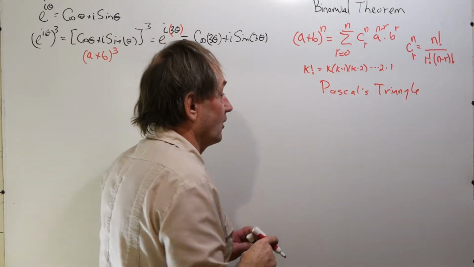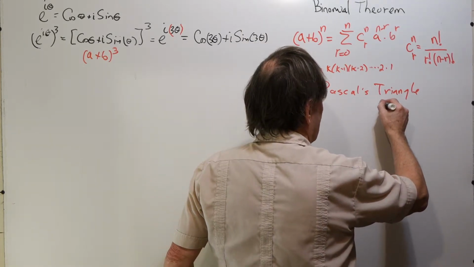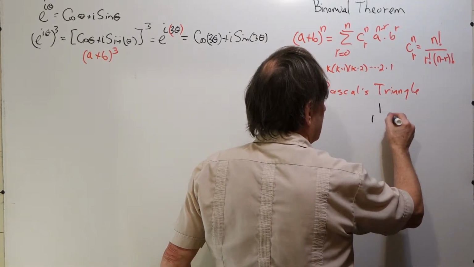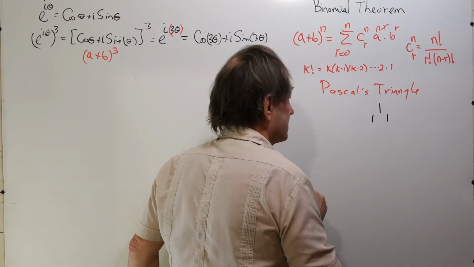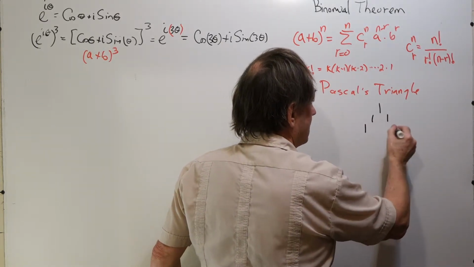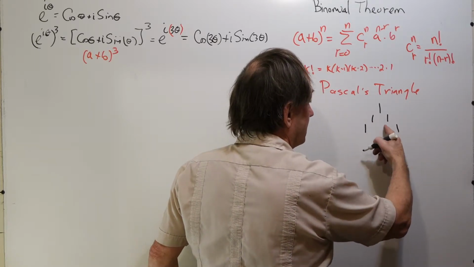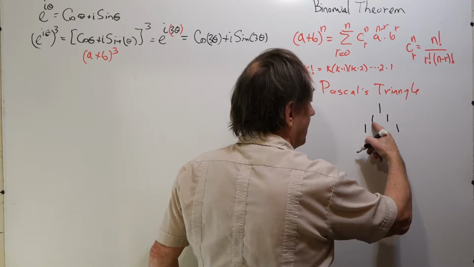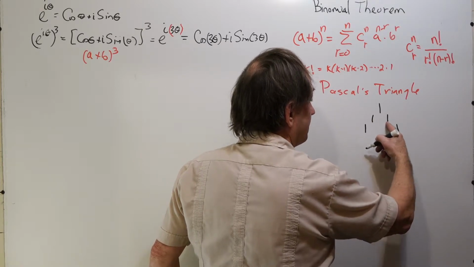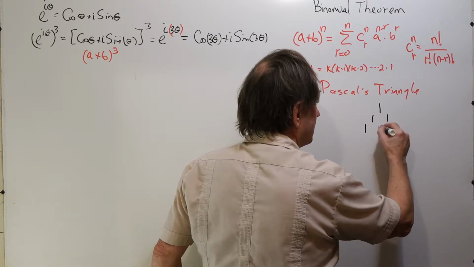The way we form Pascal's triangle, if you remember, is you start out with 1 and then you write down two 1s to the left and right, and then we just keep adding 1s to the triangle, and the number to fill into the center is just the sum of the numbers to the left and to the right above. So 1 plus 1 is 2.